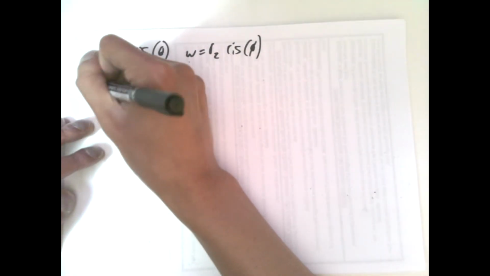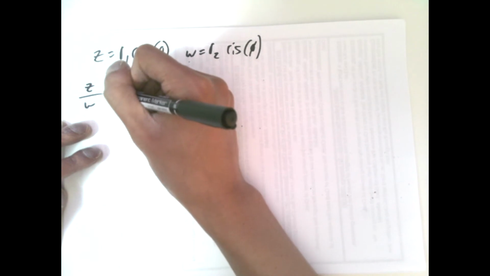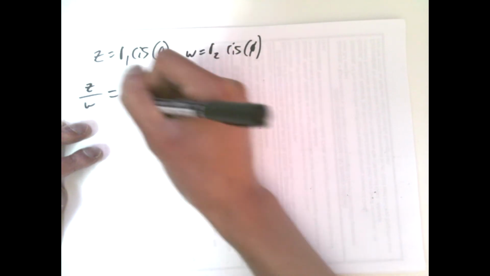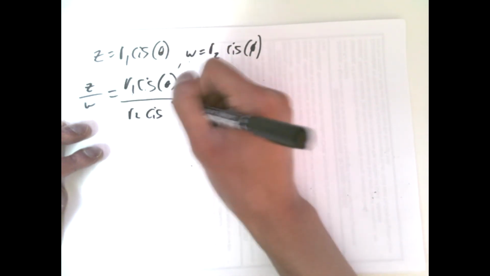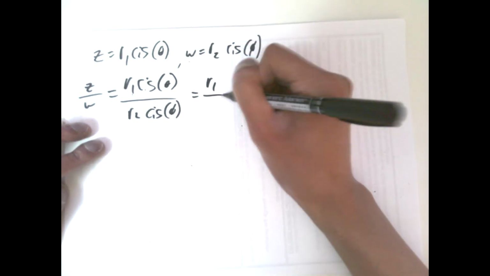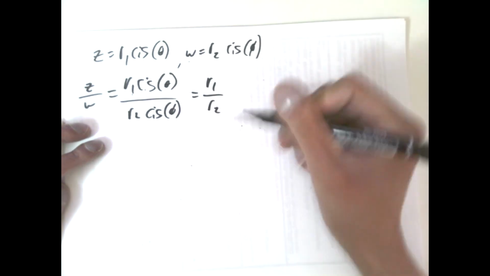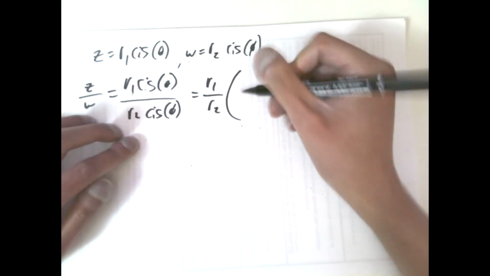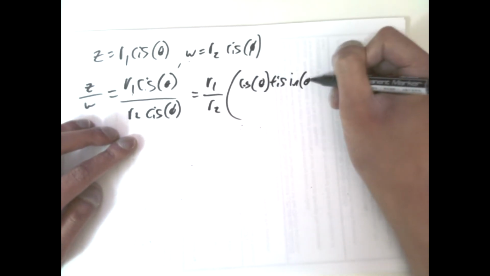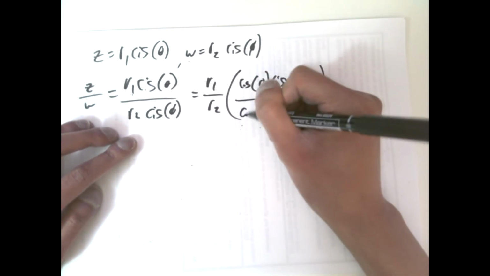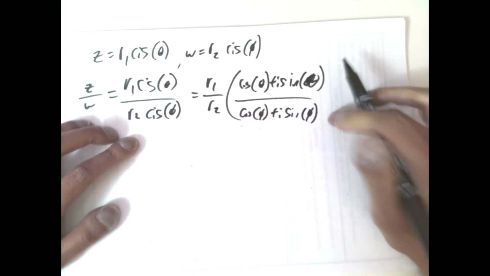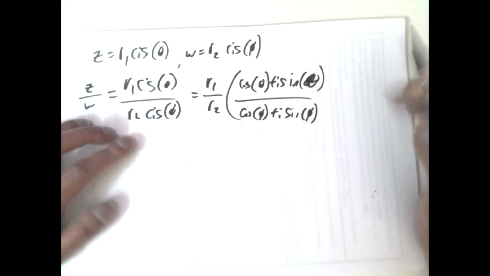So what if we take the ratio of the complex numbers with each other? We get r1 cis theta on r2 cis phi. Writing it out in full, we get r1 on r2, since they're just numbers, let's put them outside, and we get cosine theta plus i sine theta over cosine phi plus i sine phi. But we know that we can never divide by a complex number, we must always multiply by the conjugate.